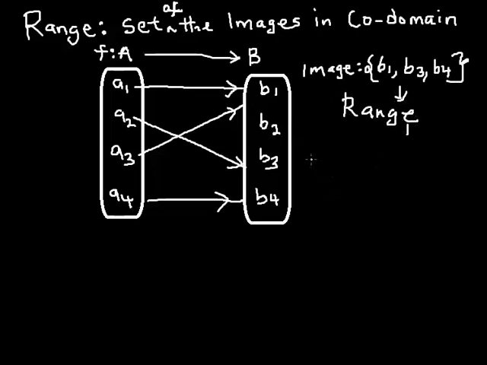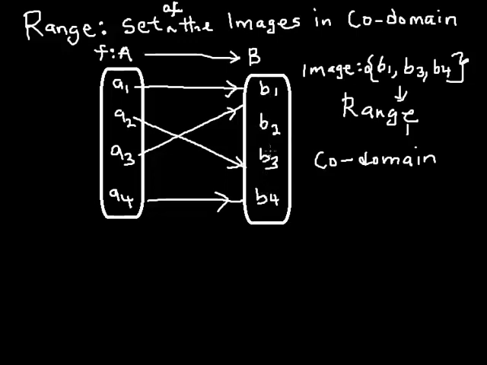But meanwhile, there are certain instances where the codomain can also be equal to the range. A situation where the codomain is equal to the range simply means that the entire element of the codomain is actually mapped.